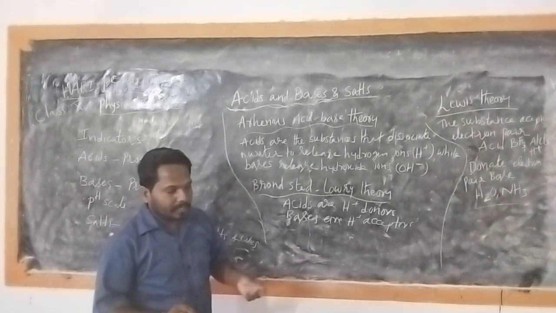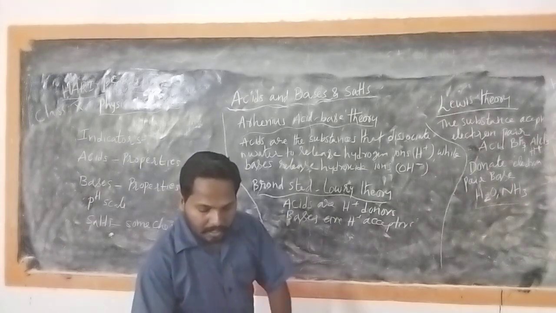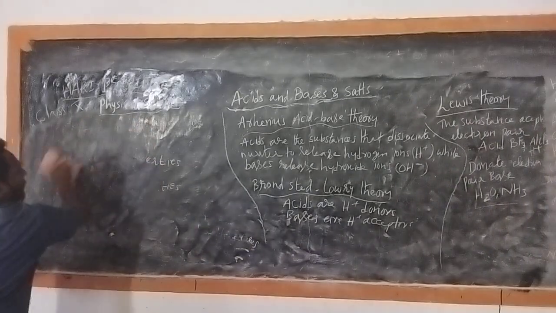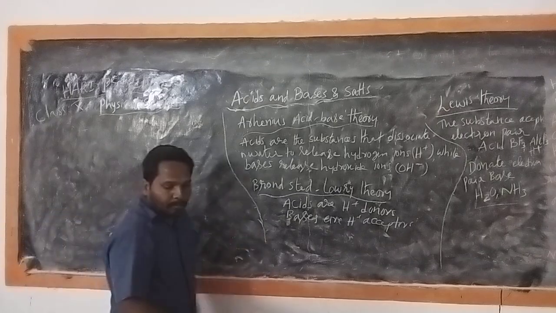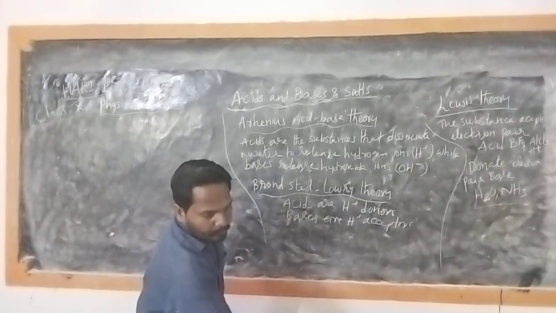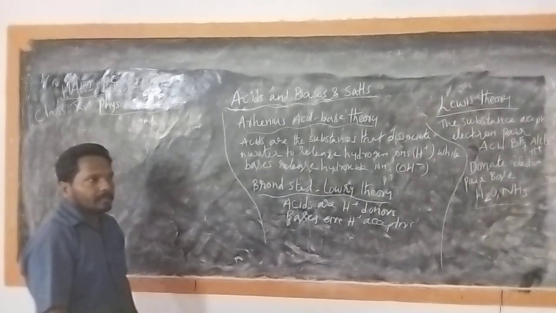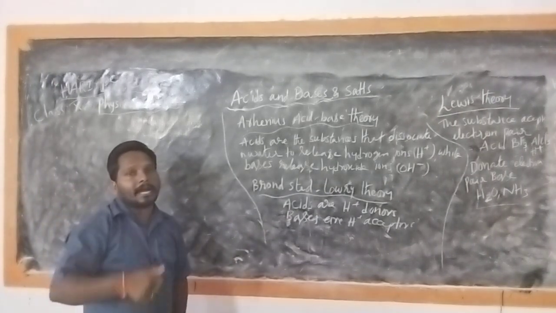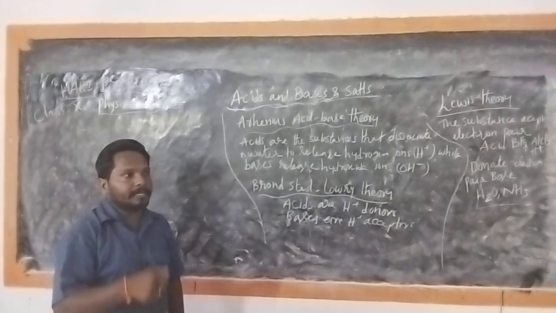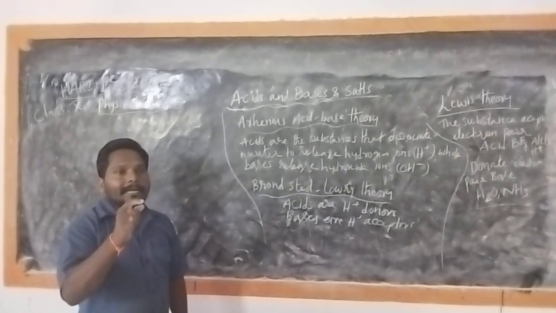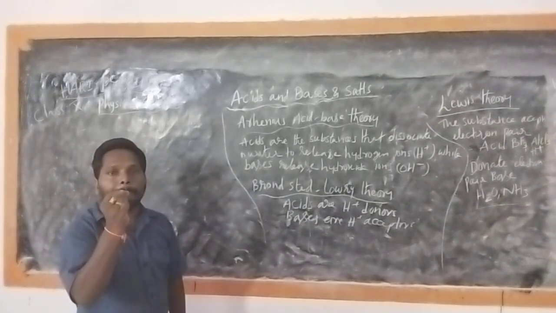These hydrogen ions are called protons. So those substances that release H plus ions, or hydrogen ions, simply called protons, are considered acids.